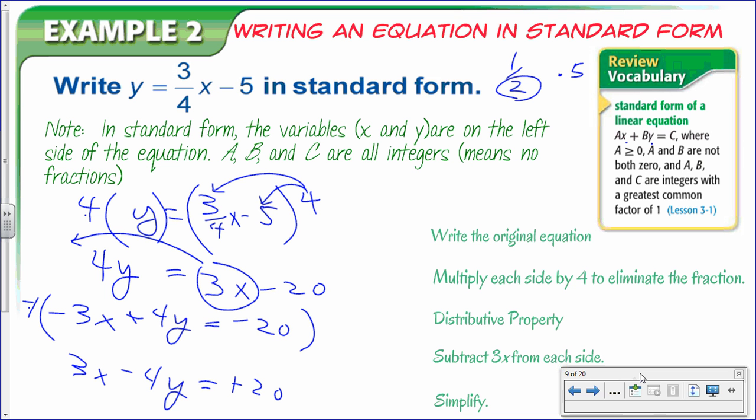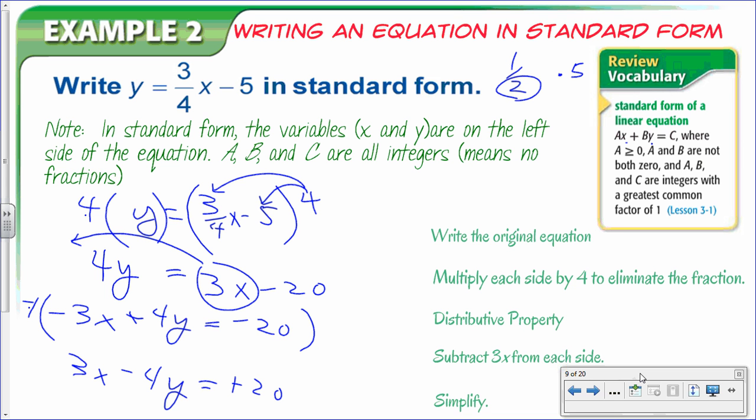Right. Now, I want you to notice something. Your top number has to be what? Positive, right? So do I want to leave that negative up there on the top number? Or can I move it? Move it where? Very good. So you would have to multiply by negative. There you go.